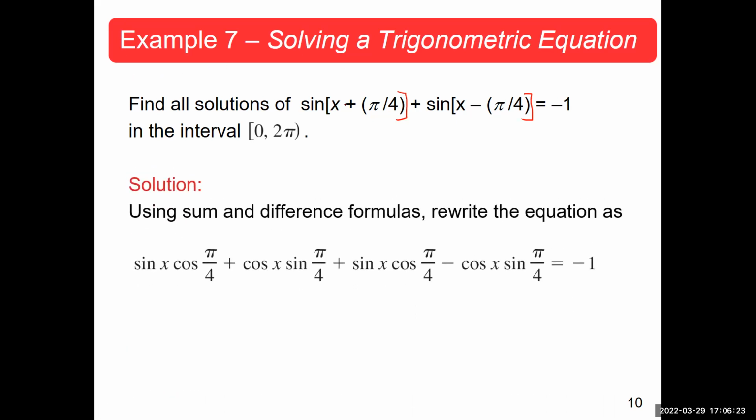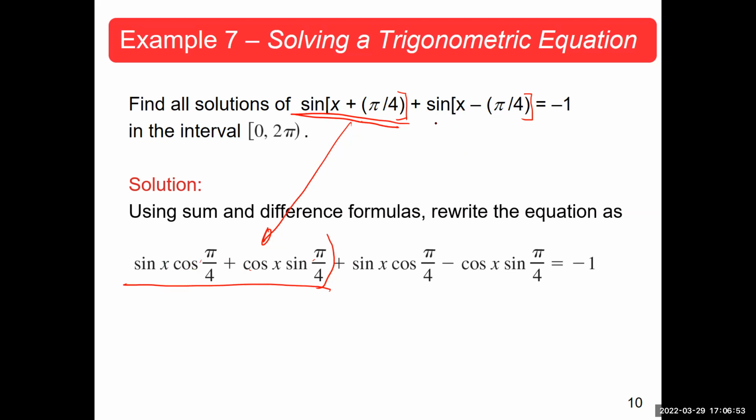So this part here equals this one. This part: sine x cosine pi over 4 plus cosine x sine pi over 4. So you have to go back to those formulas to verify this is correct.